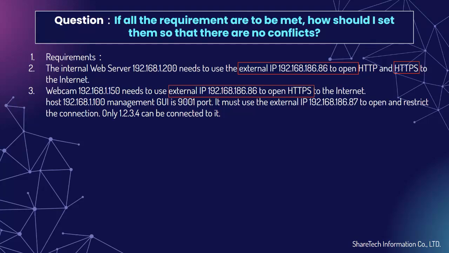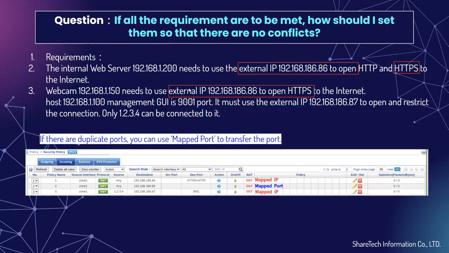Actually, the first and the second requirements conflict. Both require the external 1xx.x6 IP to map to the internal 443.